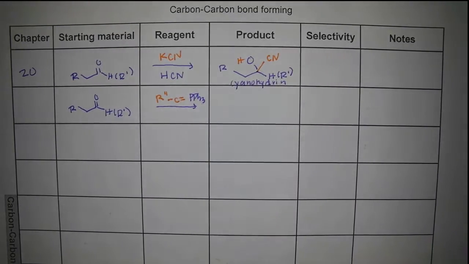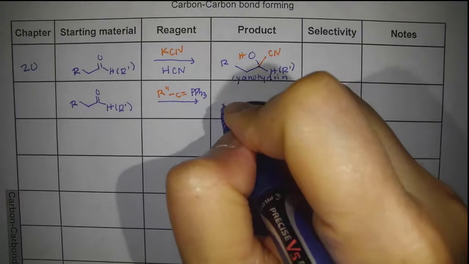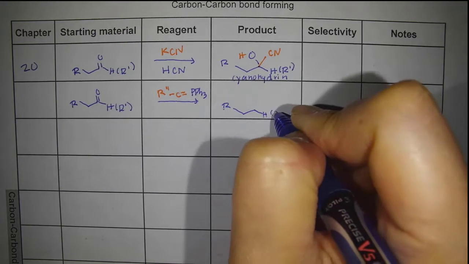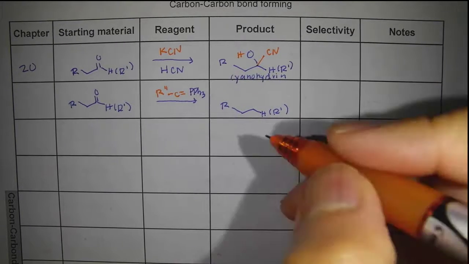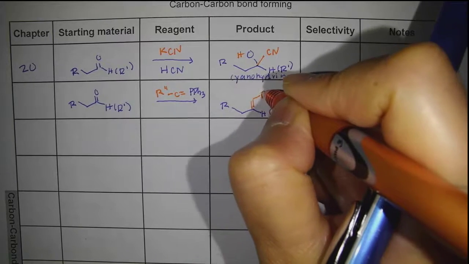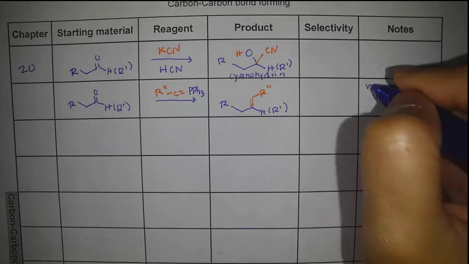And that C can be written as a C minus and the positive P. It's the same representation. And what you end up doing is replacing that oxygen with the C to the R prime. This is the Wittig reaction.